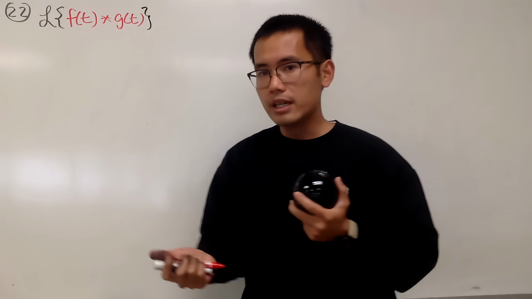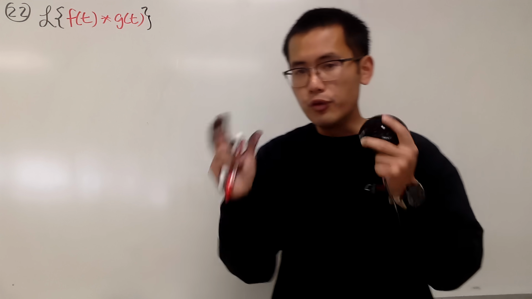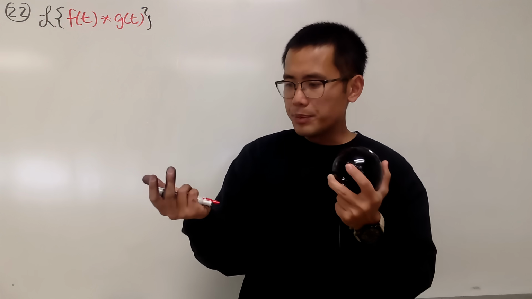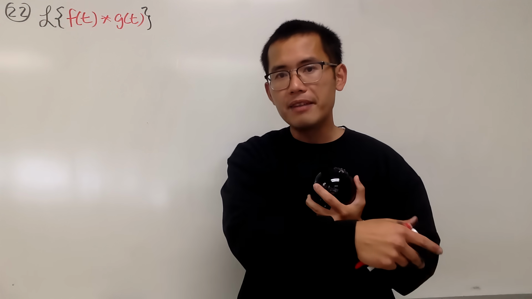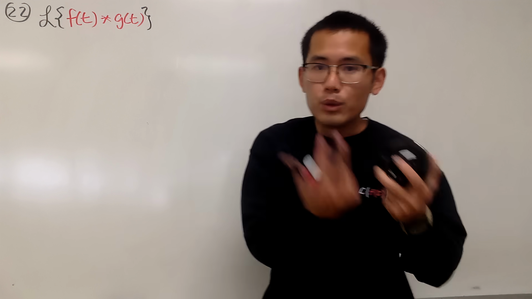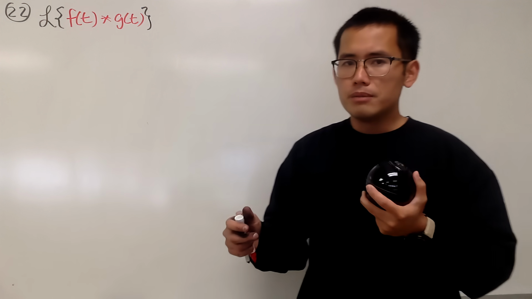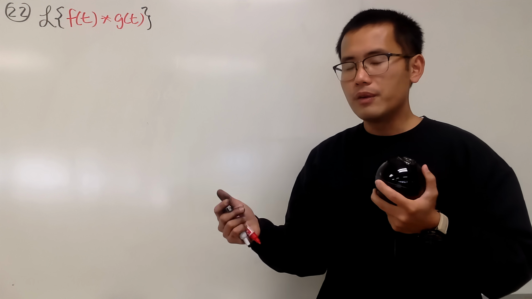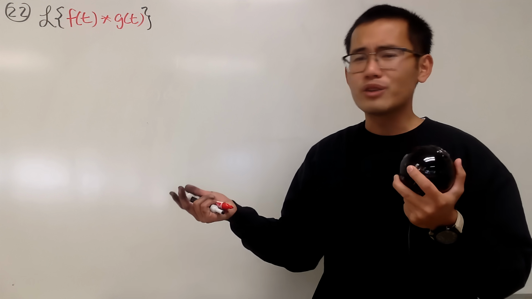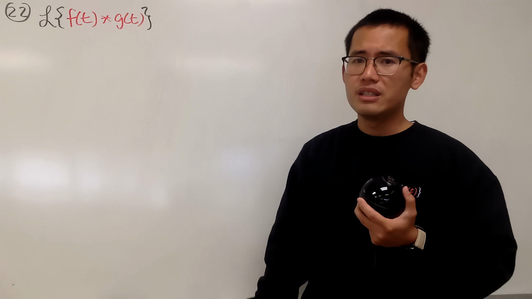This is actually not regular multiplication. If you have a Laplace transform of 2 functions, the functions have to be special enough, like the ones we have done, either e to the at or t to some power, so you can end up with nice formulas. But if you just have general functions like the Laplace transform of ln t times sine t or whatsoever, there's no product rule for the Laplace, unfortunately.